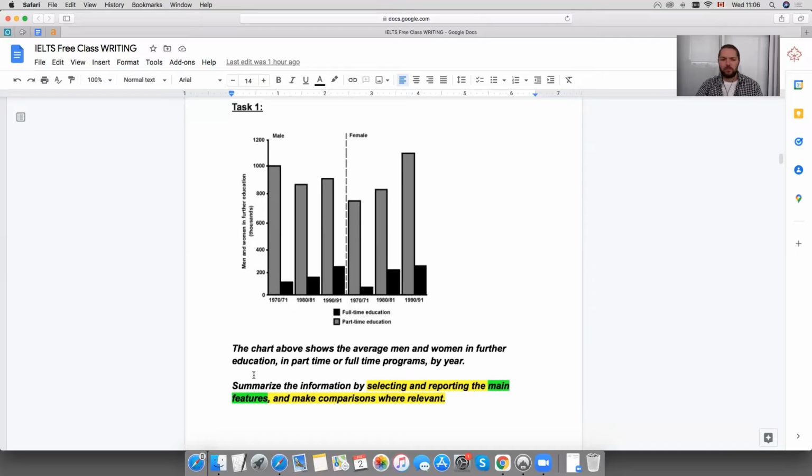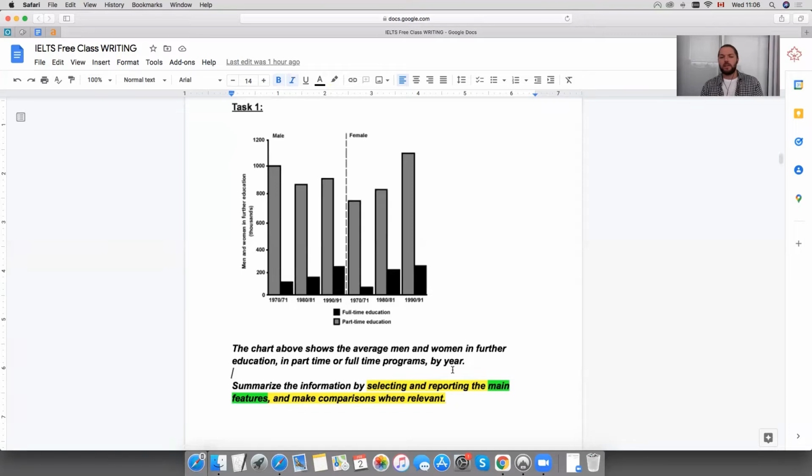Now our job is to summarize the information. Our summary skills will absolutely be important here by selecting and reporting the main features, the most important aspects of the chart. And then we make comparisons where relevant. So the real idea here is that we want to summarize this information in a way that we can explain not just what is being discovered or what is being spoken about, but we want to be able to discuss the interesting things that we find in this data.